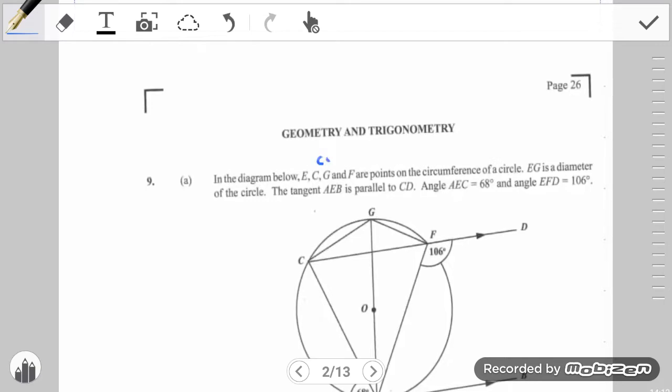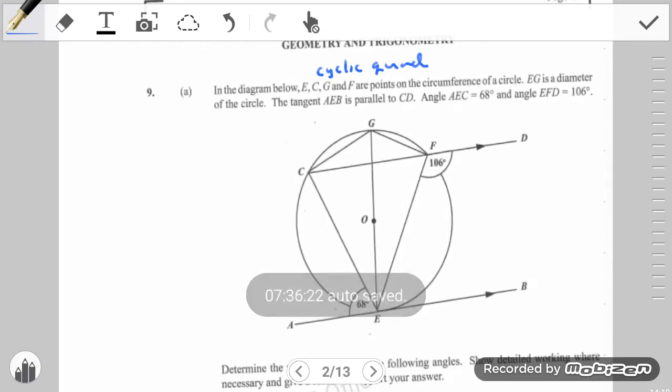So, cyclic quad. Let's identify the quad. Here it is, C, G, F, E. And what did we say earlier about angles facing each other in a cyclic quad?